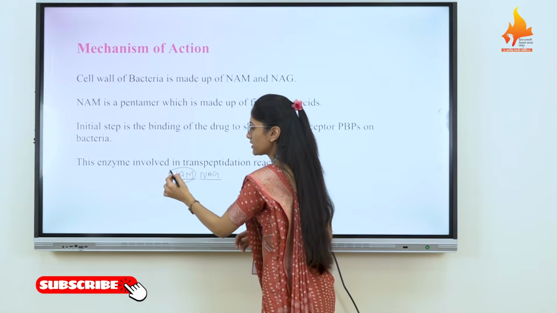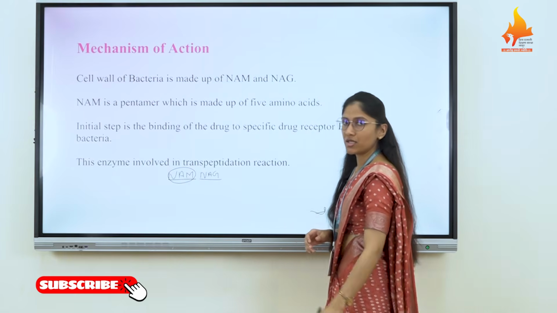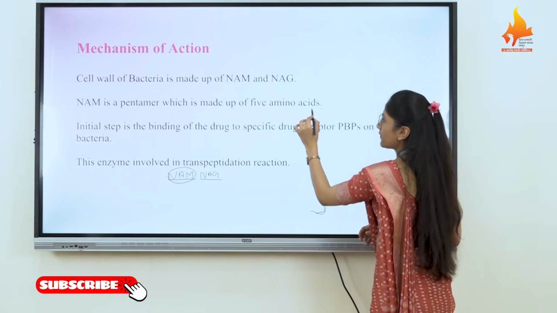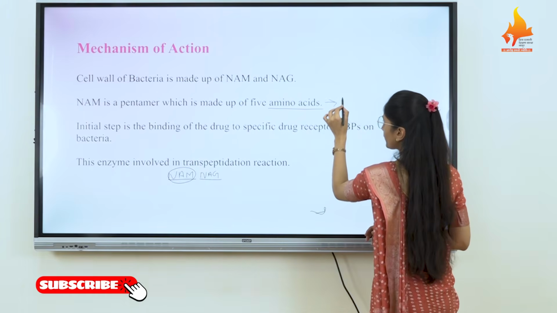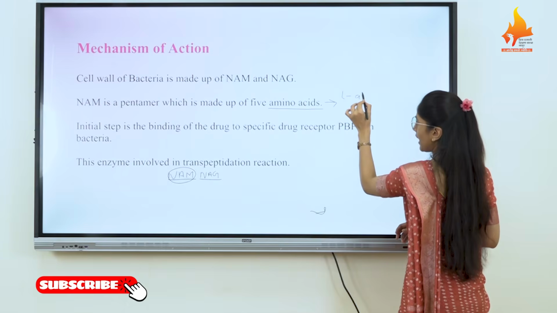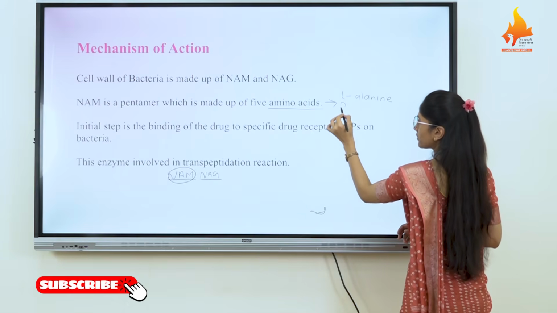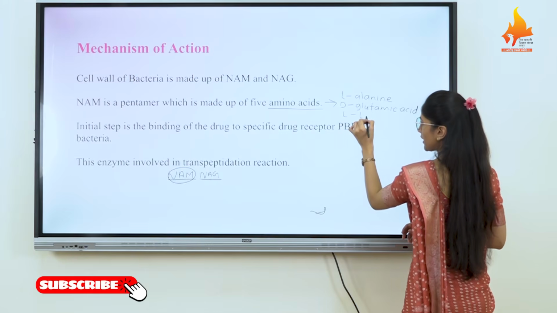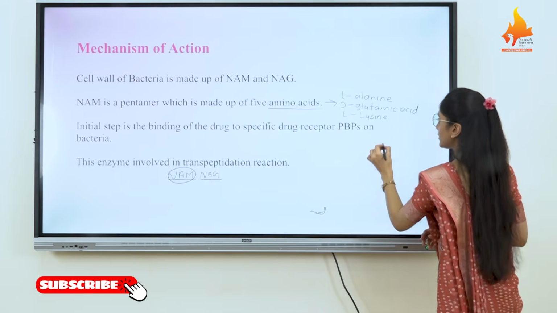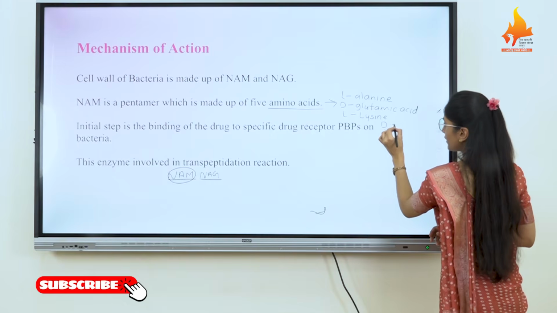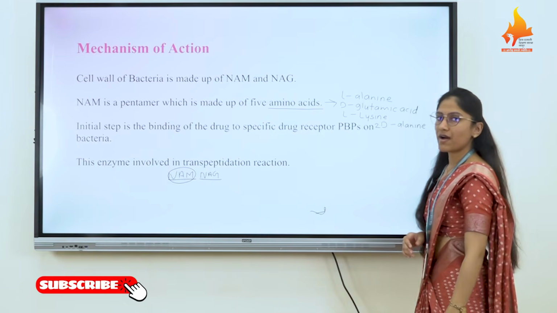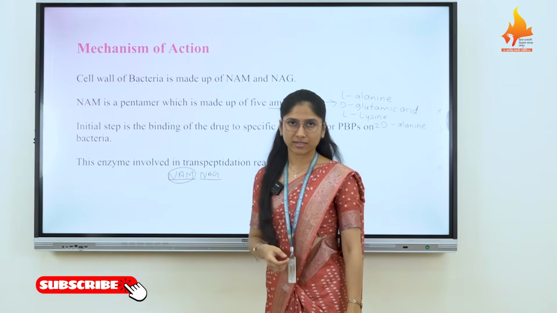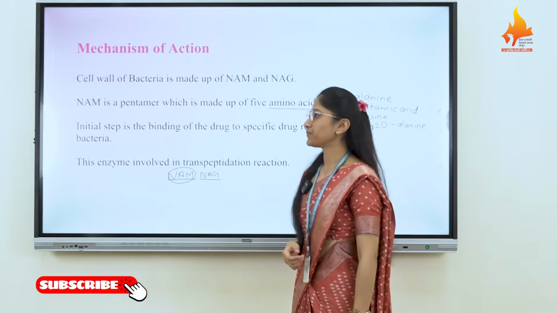NAM is a pentamer because it is made up of 5 amino acids: first L-alanine, second D-glutamic acid, third L-lysine, and 2 amino acids that are D-alanine. So these are 5 amino acids. That's why N-acetylmuramic acid is a pentamer.